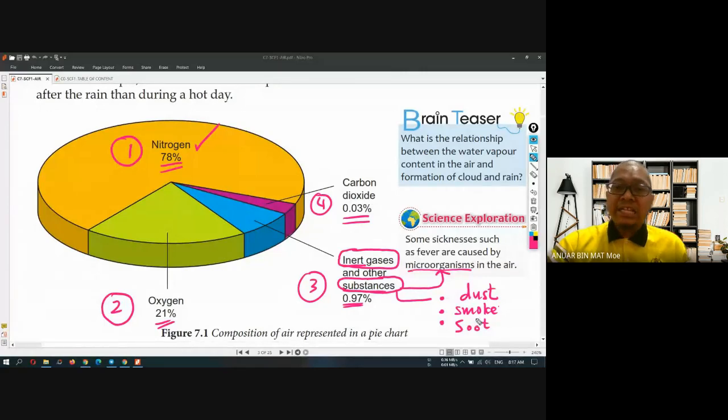These are the other substances in the air. And maybe water vapor. Okay, water vapor is also one of the compositions of air, about less than 1% of the overall composition of the air. Okay, continue. Next one.